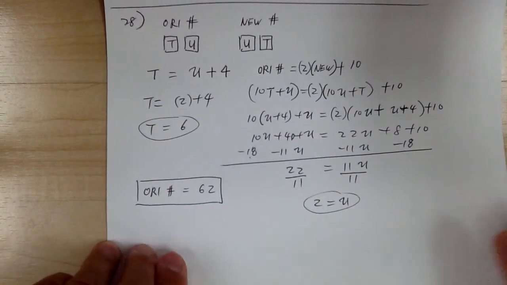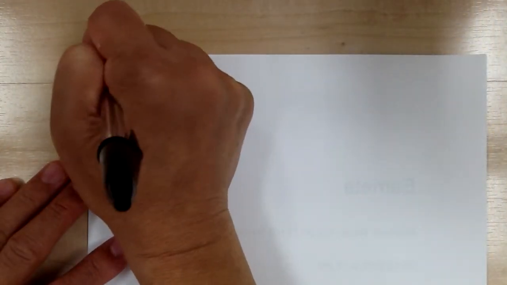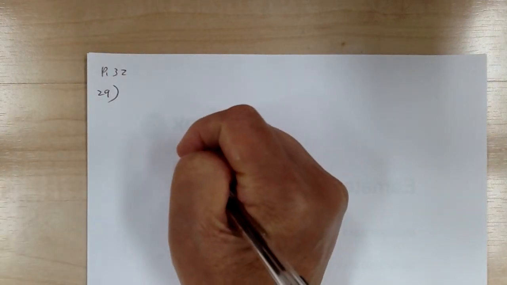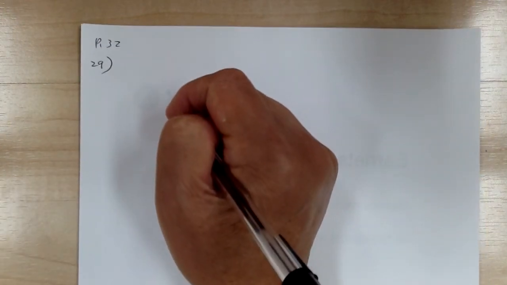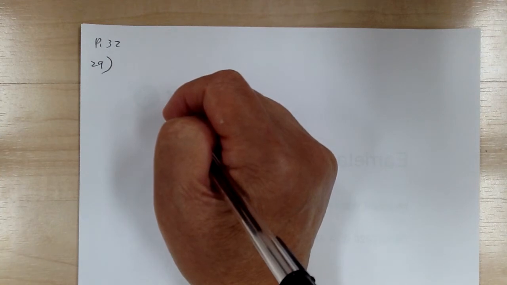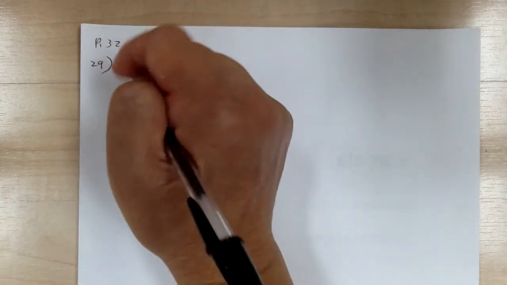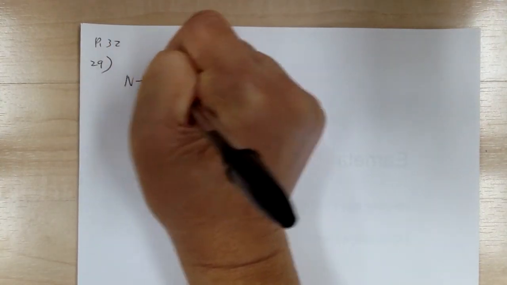Let's go to number 29. I can read through the problem. So 16 coins, and all of them are nickels and dimes. Okay, so you got nickels and dimes, and there are 16 of them.